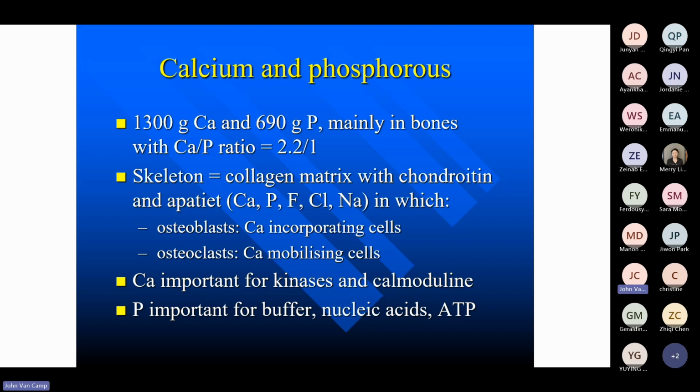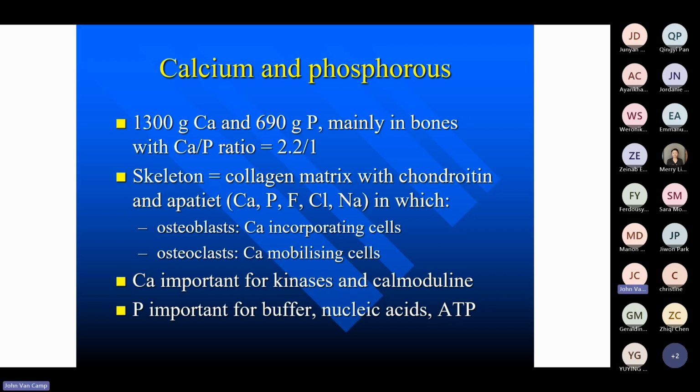A blast is an incorporating cell, a clast is a mobilizing cell. So you can already imagine that when you are young, the osteoblast is very active, so you get more incorporation of calcium. When you're older, you get more osteoclast activity. So after a while, the bone skeleton is broken down because the mobilizing cells become more active than the incorporating cells.